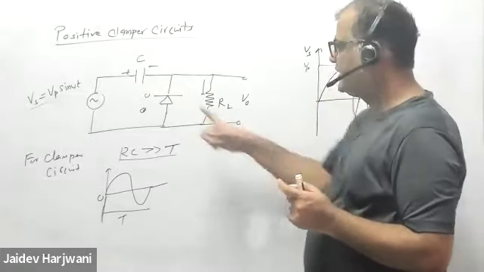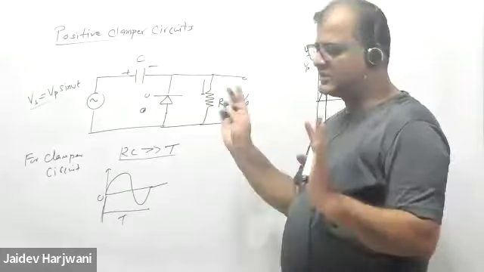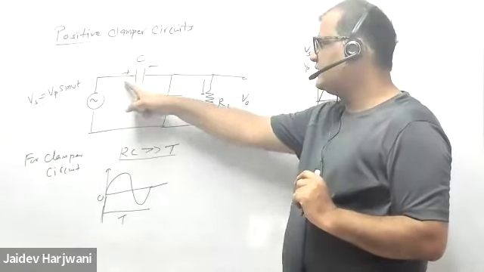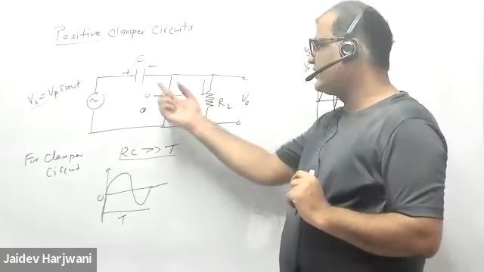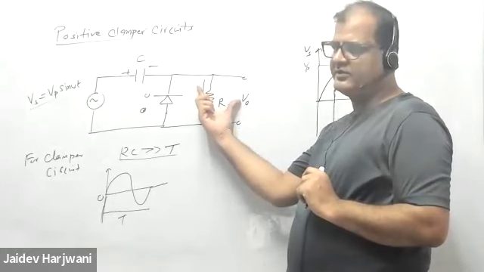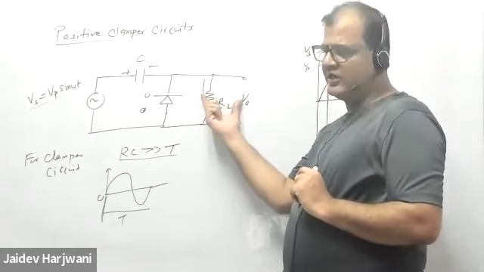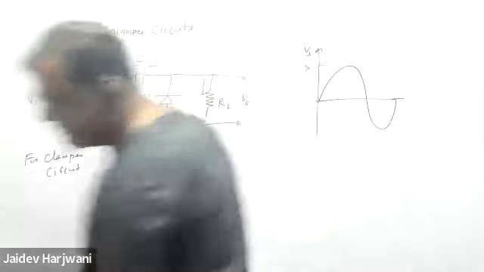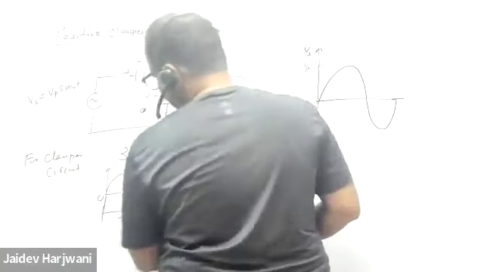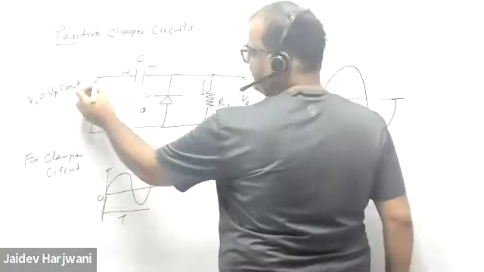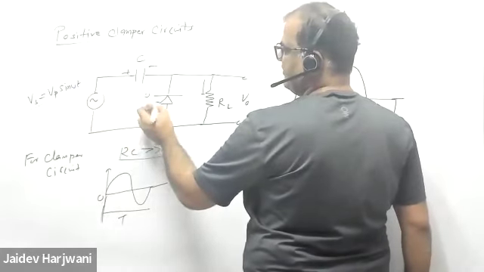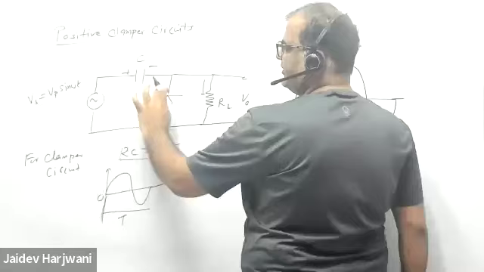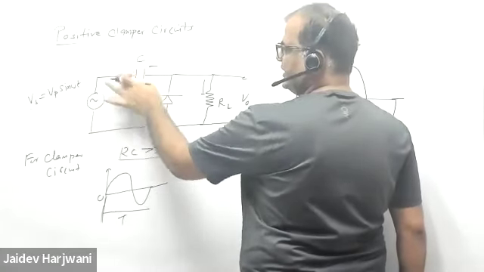Because here the diode is not conducting, so this cycle we should not take. So capacitor will not charge in this cycle, because current is passing through here, all current is passing through the resistor. So all voltage is getting dropped here. So this is not charging. Now capacitor will charge only in the negative cycle. In the negative cycle, when the current flows like this, this becomes short circuit, and all the voltage of this input will develop here.